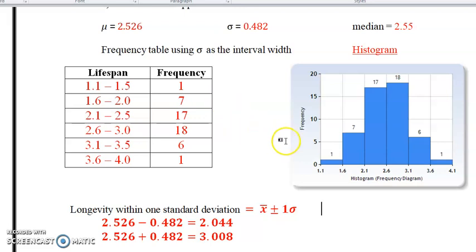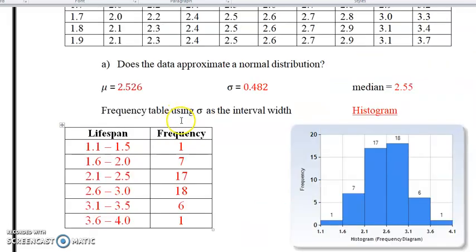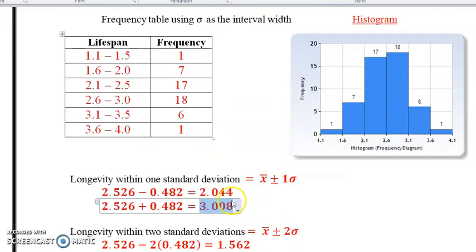So anywhere close to that we can consider normal distribution. So what we'll do is count up how many fall from 2 to 3, right? So remember, anything that falls a little more than 2, a little less than 3. So we won't include 2.0. We'll include everything there.